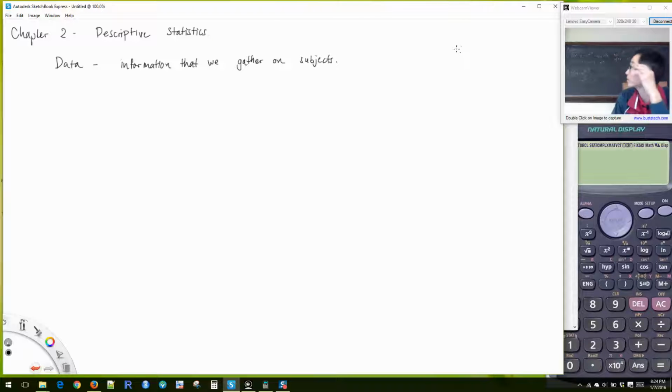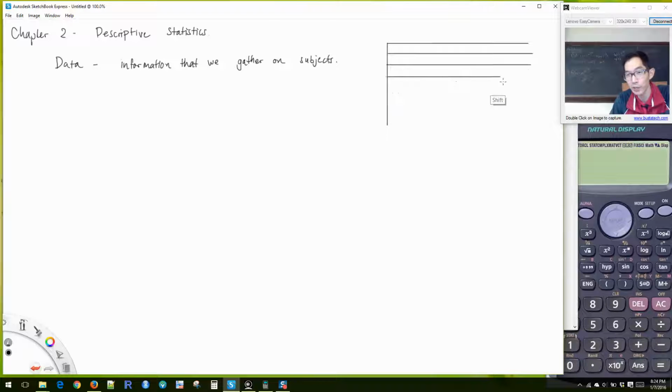And at least in our classical view of statistics, we're going to just treat our data as tables of data, something like this.